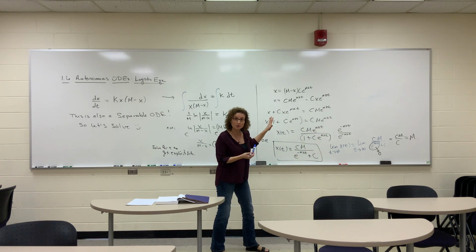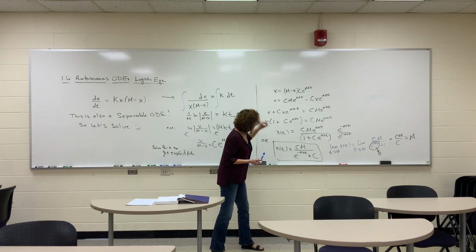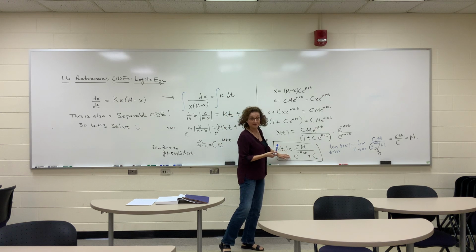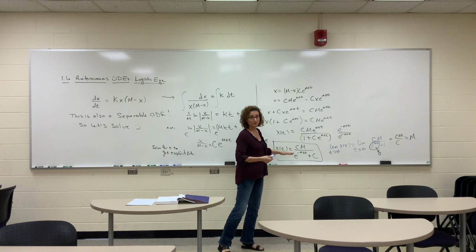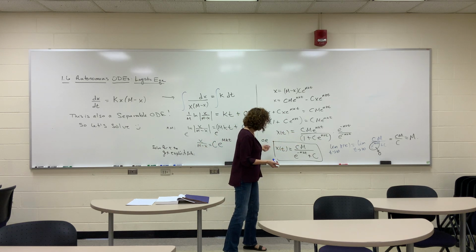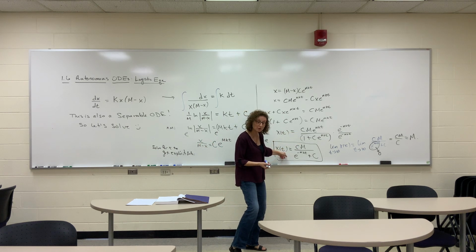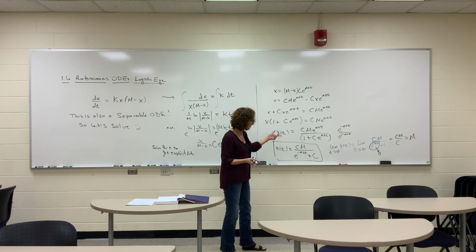So that was a lot of work to go through. You know, it's obviously nice to have an explicit solution for lots of reasons. If you want to be able to predict the population at any particular time, you have a nice solution you can just plug in.